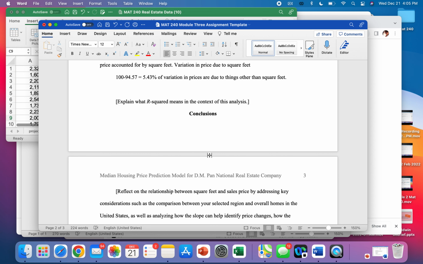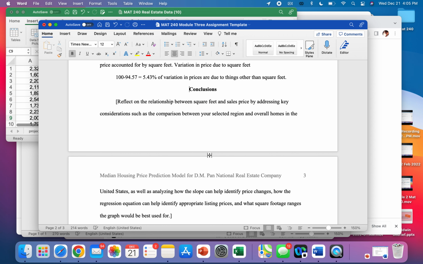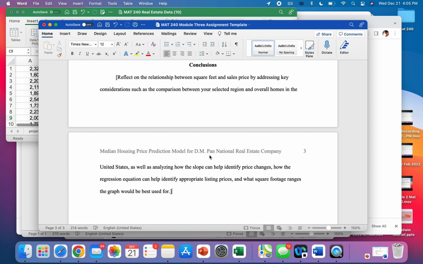All right, we did that. Now on the conclusion, summarize everything that we found. Summarize again what we said about comparing your region to the national values.